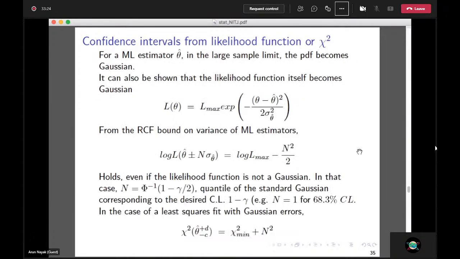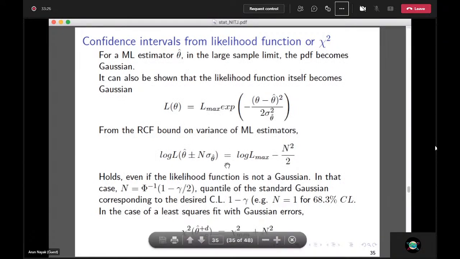Okay. Similarly, if the distribution is chi-square, the chi-square function varies as chi-square min plus n square.